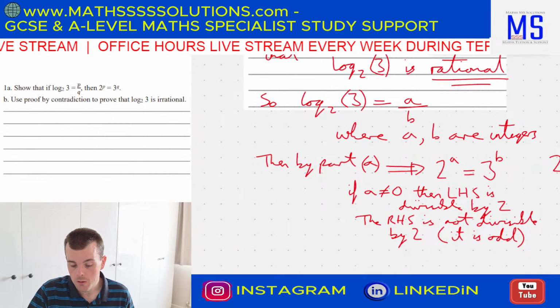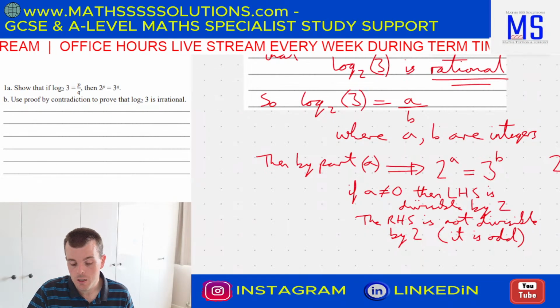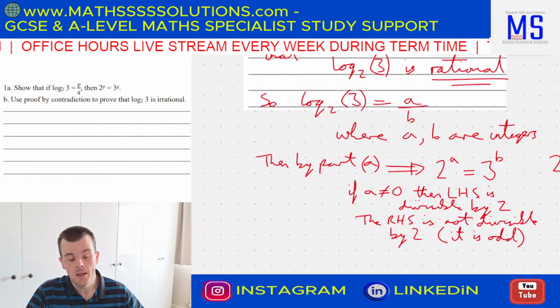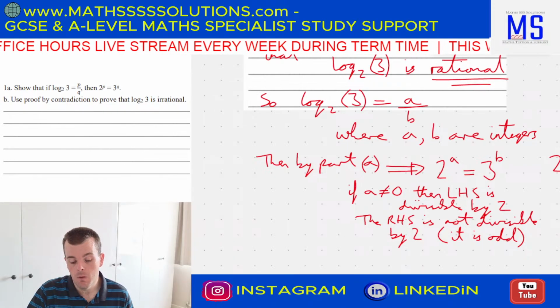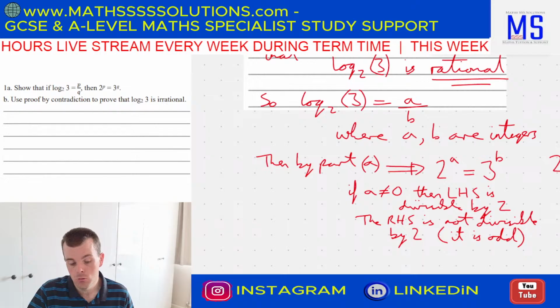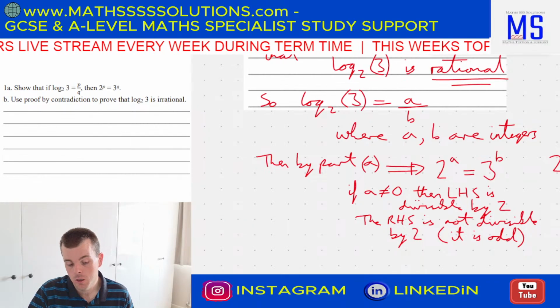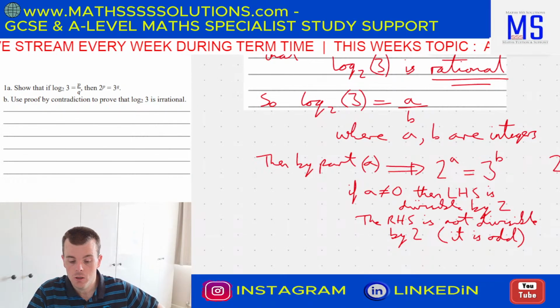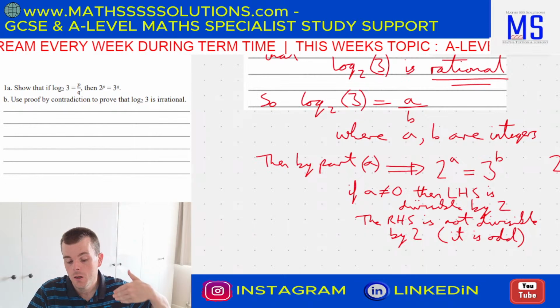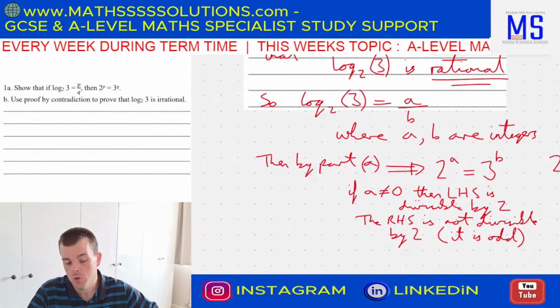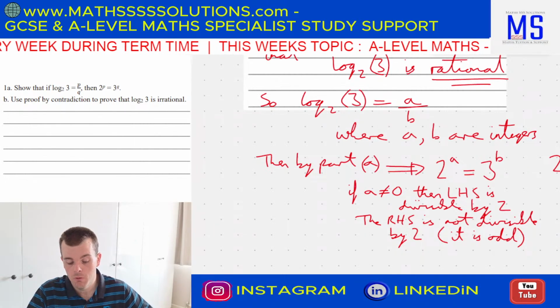So if you saw that, that suggests to me that A has to equal 0, otherwise this wouldn't work. It would lead to a contradiction in that place. So that would lead to a contradiction stating log 2 of 3 is not rational, like our assumption originally claimed. It needs to be irrational.